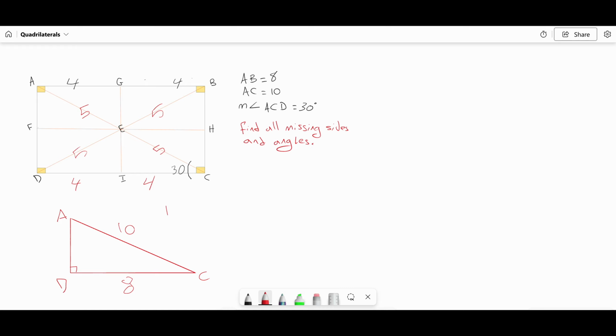The formula for Pythagoras is the hypotenuse to the power of 2 equals the other two sides, each one of them to the power of 2, added, right? So the hypotenuse is 10 to the power of 2, equal to the other side to the power of 2 plus AD to the power of 2.